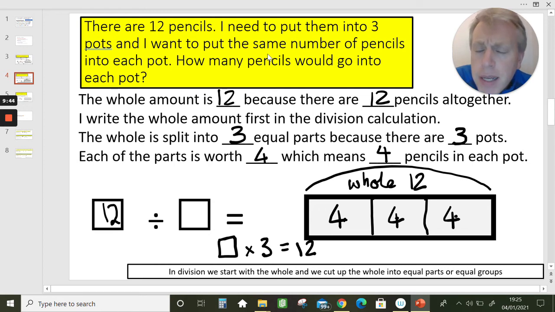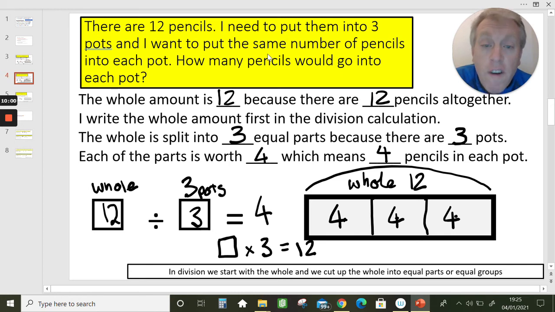So it's 12, the whole, split up, divided into 3 pots, gives 4 pencils in each pot. Easy.